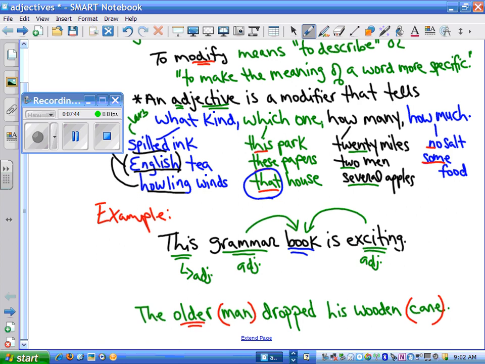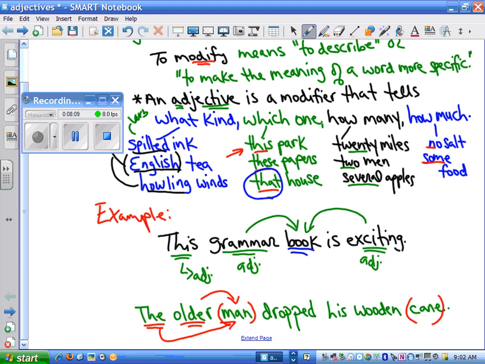It's giving us information about what kind, to use the category above, what kind of man do we have here. It is an older man. Which one? We can talk about articles in a little while. The, working a lot like those demonstrative pronouns. It's the older man, not just any man.